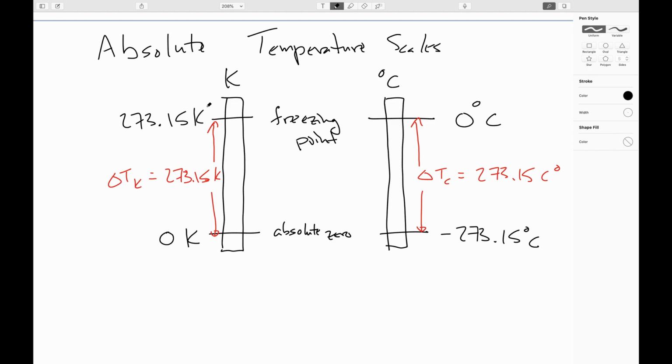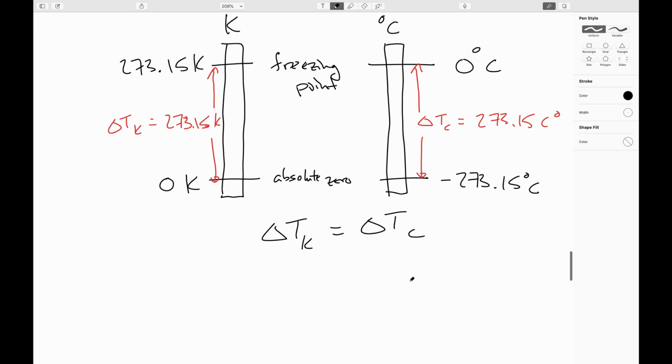But anyway, to convert between the systems, if it's a temperature difference, since it's exactly the same number of degrees between the 2 points, the temperature differences are always the same numerically. So C degree is another way of writing Kelvin when you're talking about a difference.